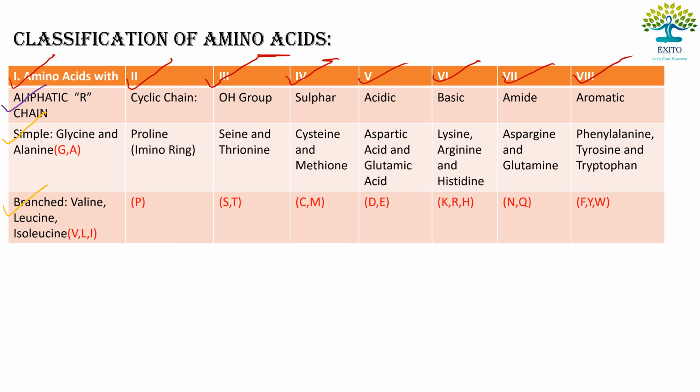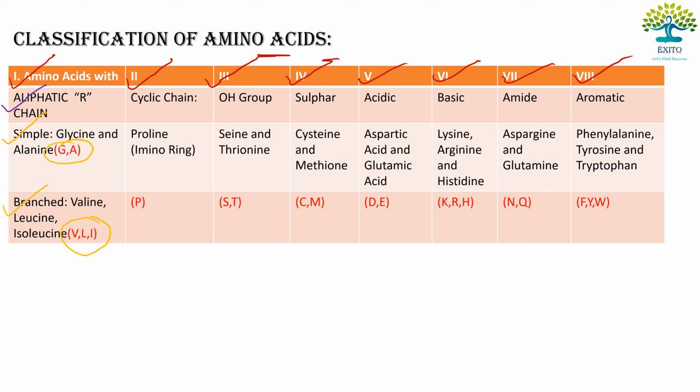In simple, there are two amino acids, glycine and alanine. In branched type of R chain, there are valine, leucine and isoleucine, so a total of 3 amino acids. This is the first classification part, and there are 8 classifications of amino acids.